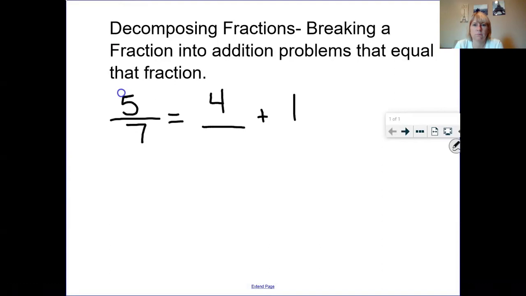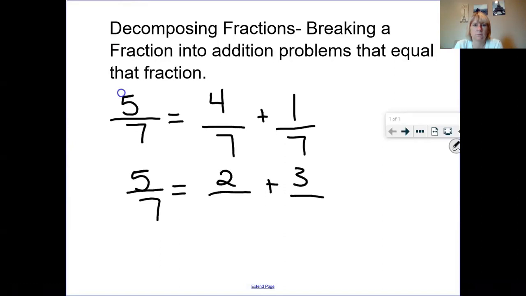So to make that a decomposed fraction, I just need to use a denominator of 7. What's another problem I could do? Well, I know another addition problem that equals 5 is 2 plus 3. So I do that, and then I just put a 7 on the bottom because that is my denominator.